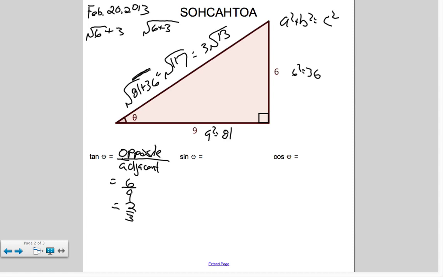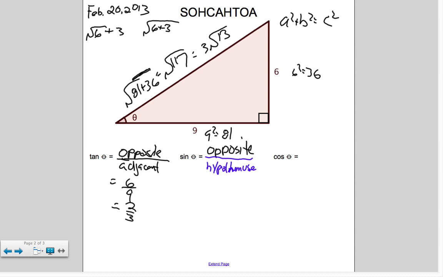So sine is still the opposite side over hypotenuse. Thank you. But we did it by the hypotenuse. So sine of theta is the opposite side over hypotenuse, that ratio.